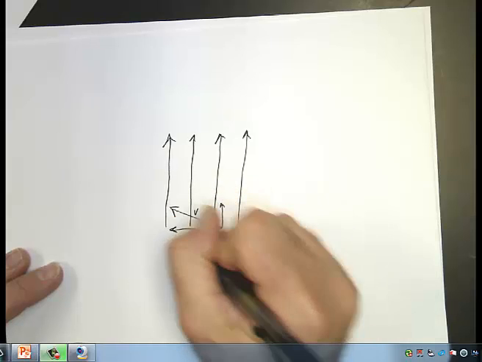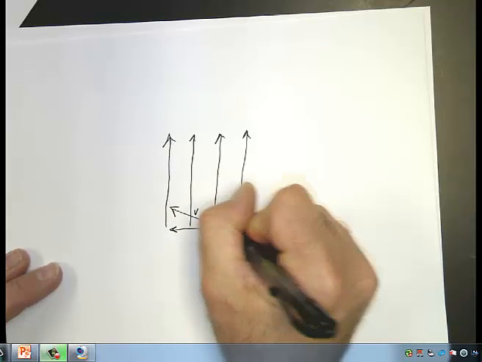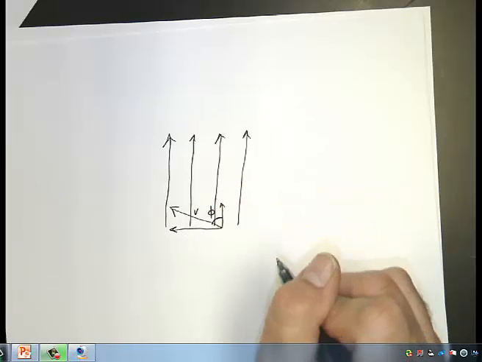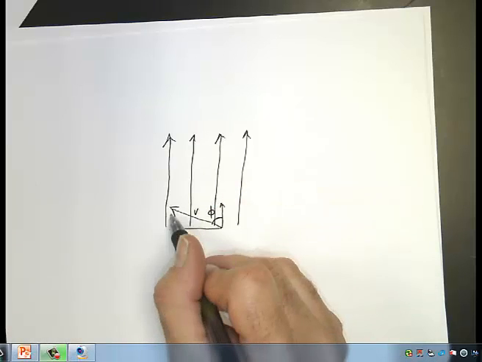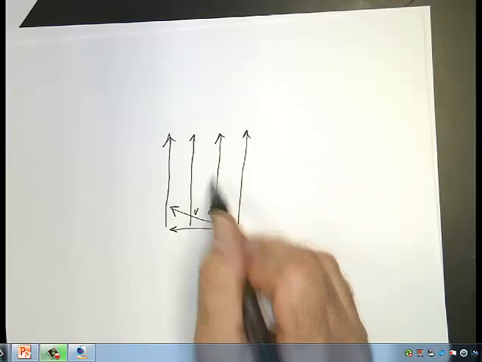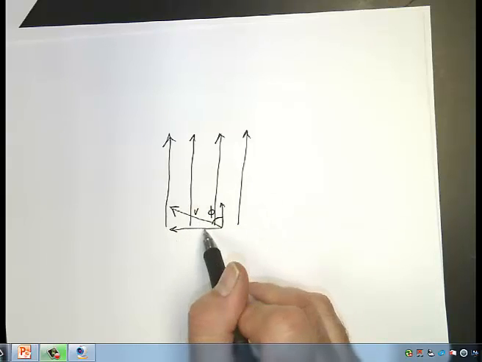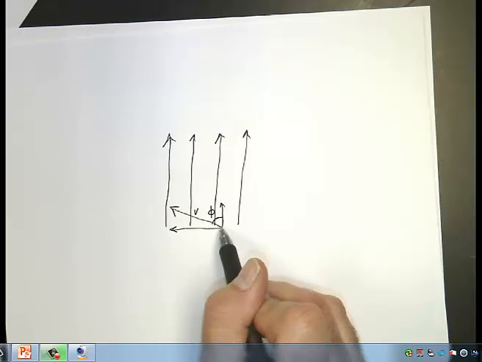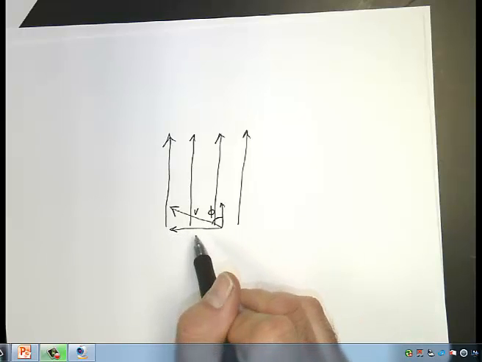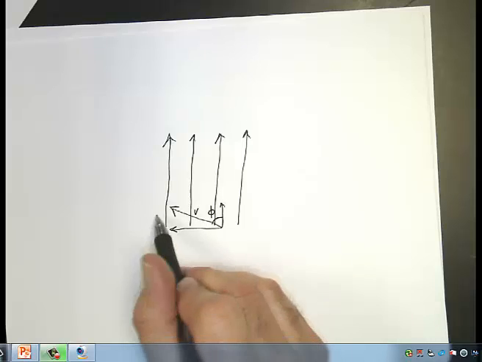So imagine this angle phi is the angle between the actual velocity and the magnetic field. This would be the perpendicular component. So imagine that as it goes this way, it'll curve, say, into the page.